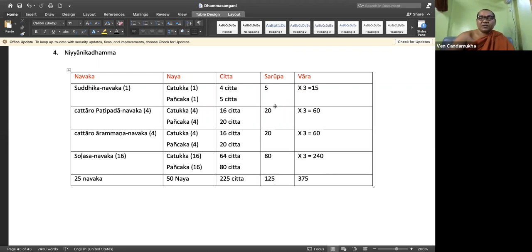Then each jada has three methods. Each jada has been explained by the Buddha with three methods, three Vara, three sessions.